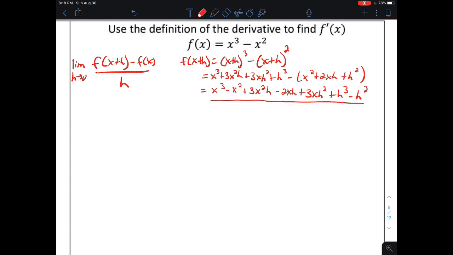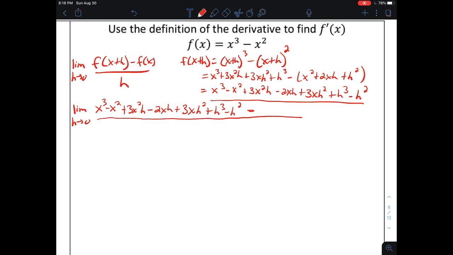Okay, so that long expression is f of x plus h. Now we're going to put everything back into our limit. And so the x to the third and the x squareds cancel.